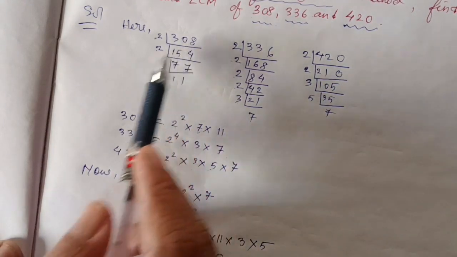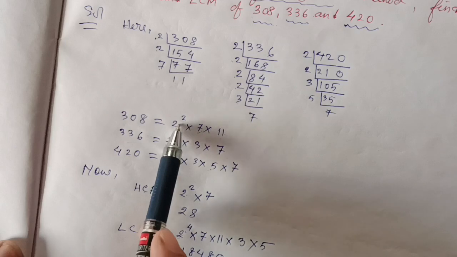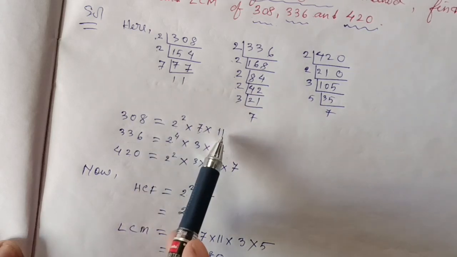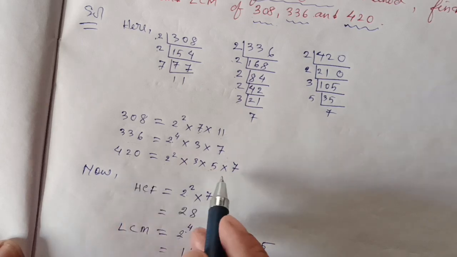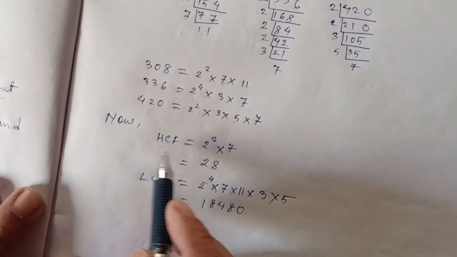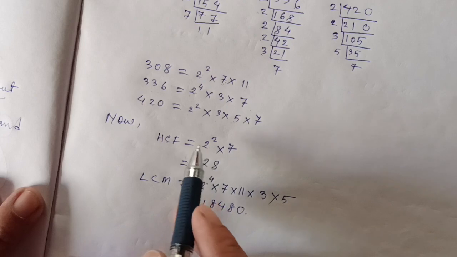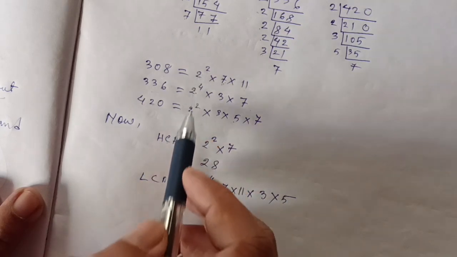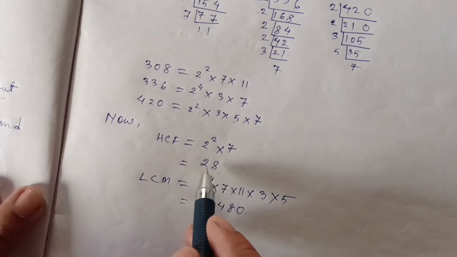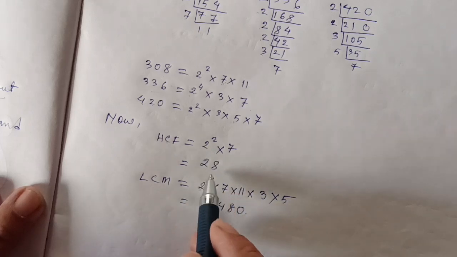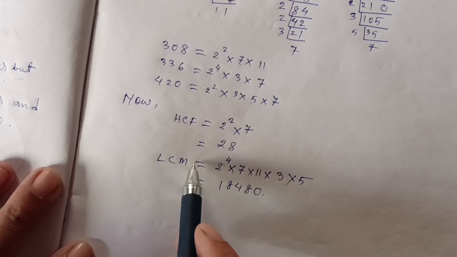We take the prime factorization, then for this 308 we write how many 2's are there, how many 7's we have, how many 11's we have. We write all of them down here. Then if you want to find the HCF, select the lowest power. Among these, the lowest power is 2. Likewise, after we find them, you just multiply, then you will get the answer.